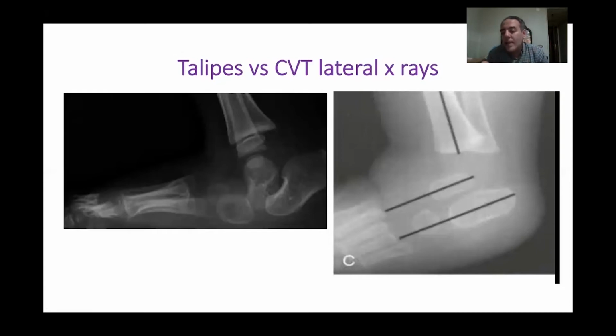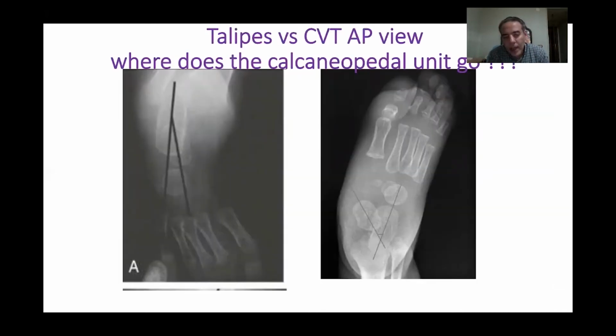Can the calcaneus plantar flex like in the lateral and internally rotate like in the AP in here without inverting? No, it can't. For the calcaneopedal unit to plantar flex and internally rotate, it had to adduct as well.